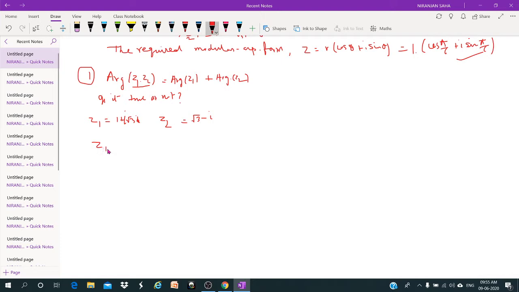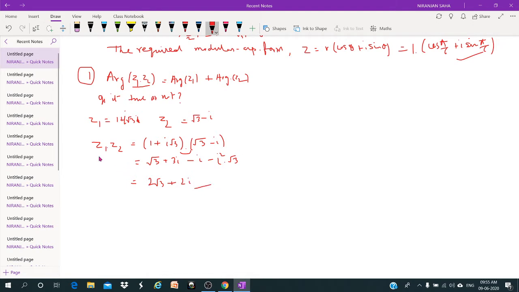This is (1 + i√3) times (√3 − i), which is equal to √3 + 3i − i − i²√3. Again, this will be plus √3, so we get 2√3 here and 2i.